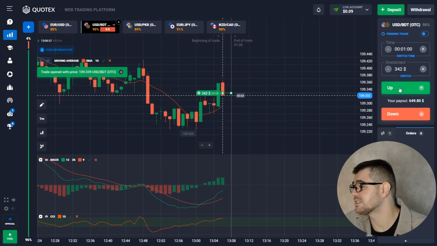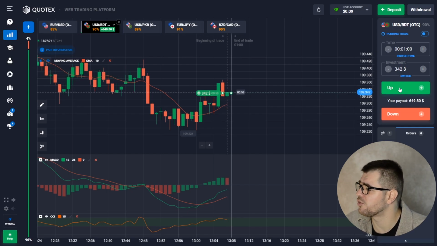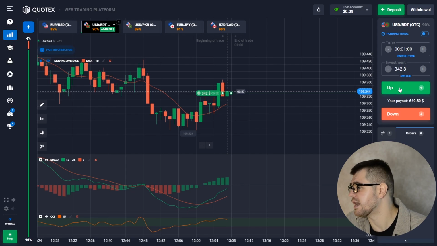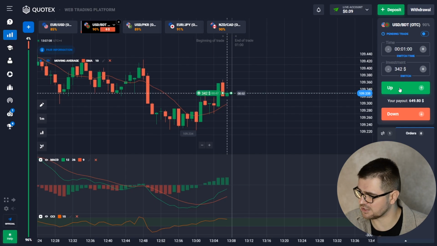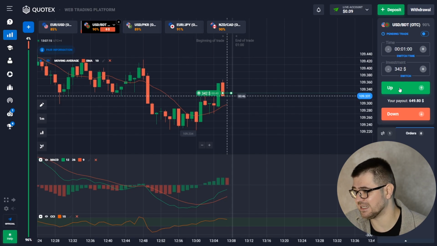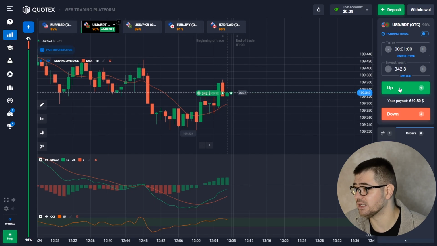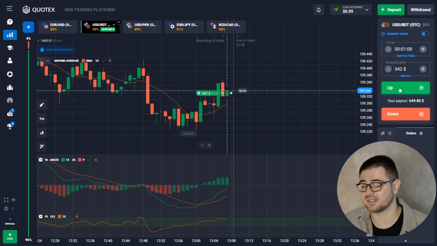There's some pullbacks, but we're gonna go ahead and do a call option, $342, and we're gonna wait for the result of this. I'm really curious because it's pretty volatile, but I think we're gonna be okay as we entered in the pullback. Actually, we entered when it was a bit lower, so I think we're good. And all the indications are showing a bullish mood, so I think we're good in this one. Let's wait for the result.